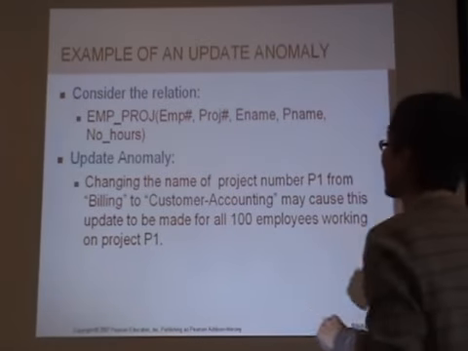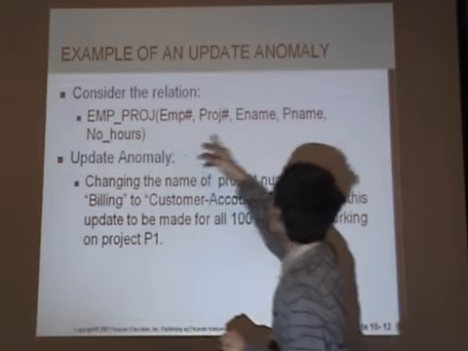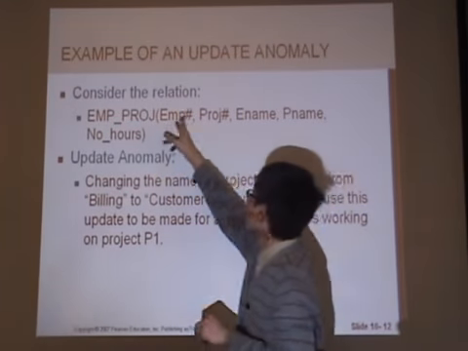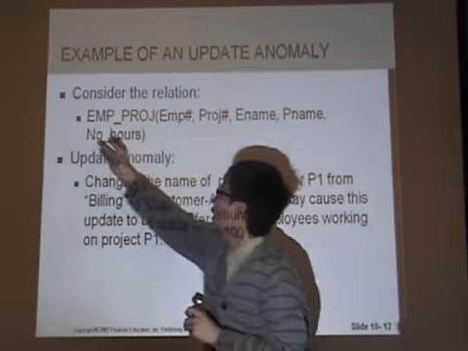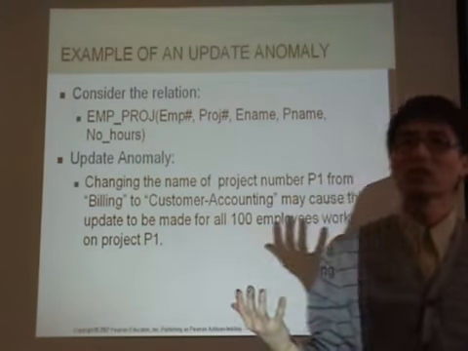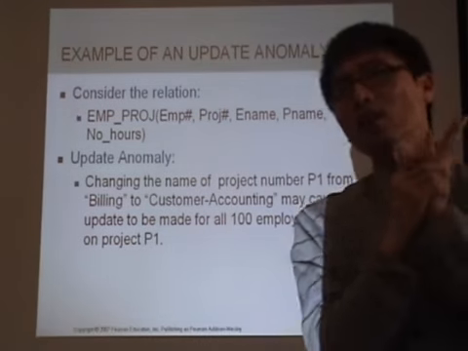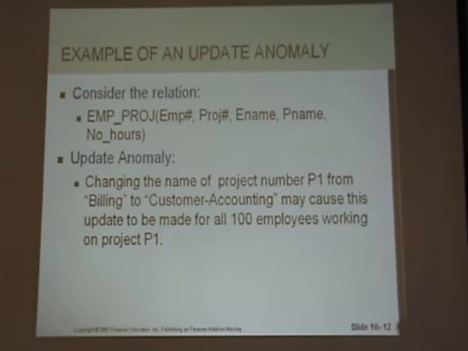In this case, you can take out employee and e-name, you can take out project and project name, and you can take out employee number plus project number plus number of hours. That is the solution. So the first guideline is one relation, one meaning.